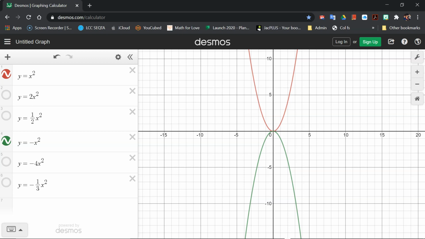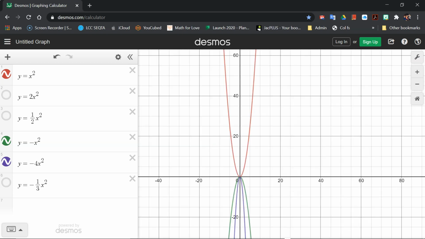It just flips it, I guess, reflects it around the x-axis. And you could apply the same thing when it comes to increasing or decreasing that coefficient in a negative value. So negative 4 x squared would, number 1, be upside down, and number 2, be quite skinny.